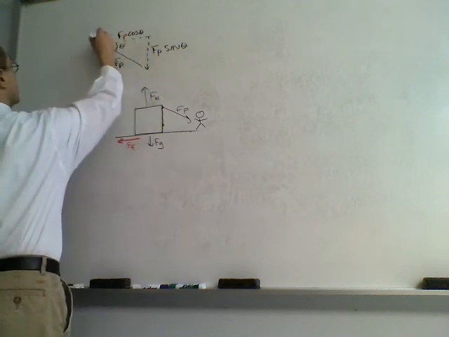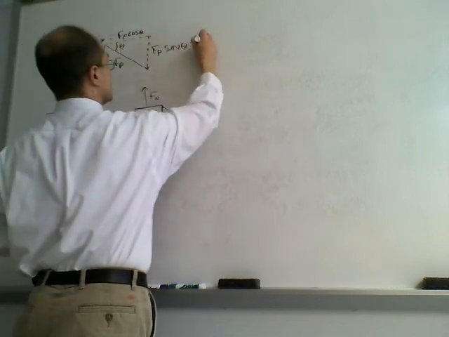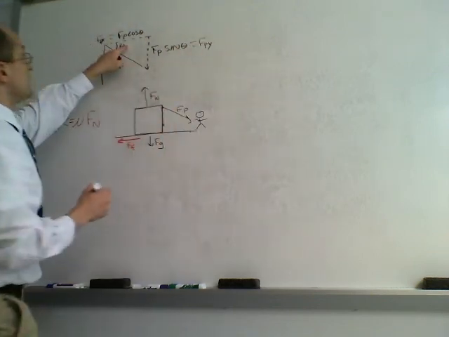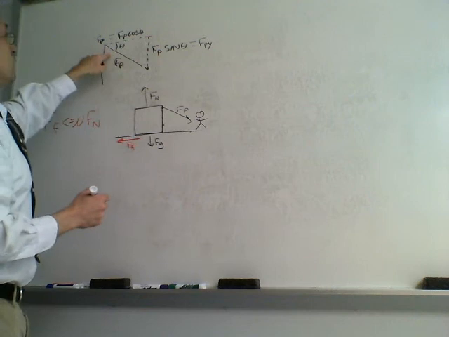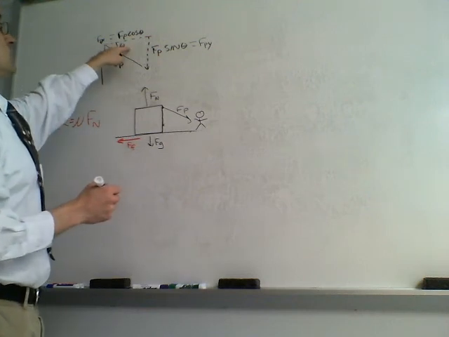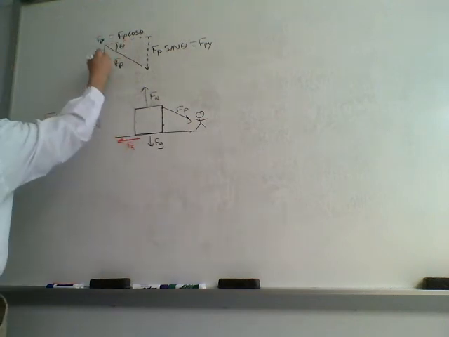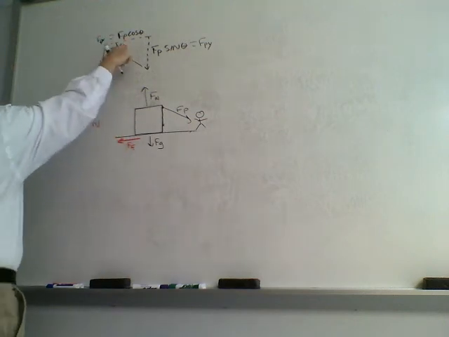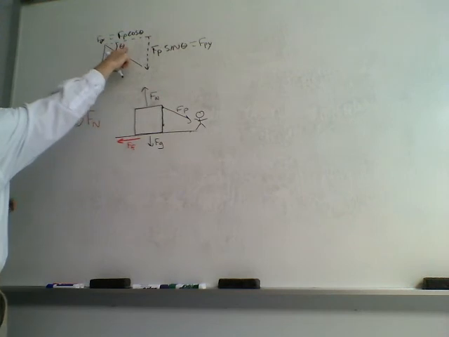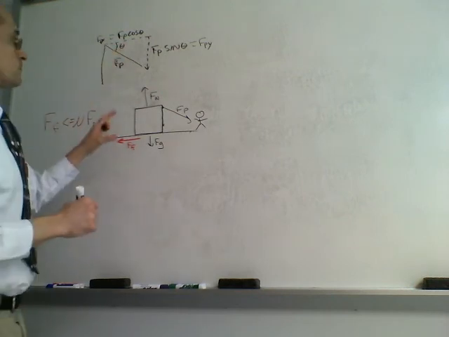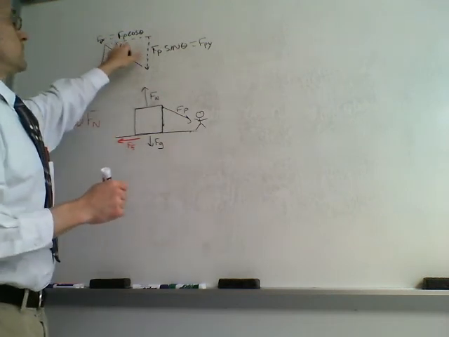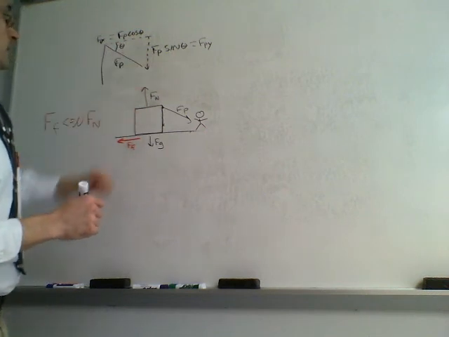And this is our FPX, and this is FPY. But you need to be careful when using theta, because they may give you this angle here, and then you just need to make sure you turn it over and calculate that angle. So if they give you this angle, you just take 90 minus this angle to get that angle. But just be wary, you need to keep this angle in mind.